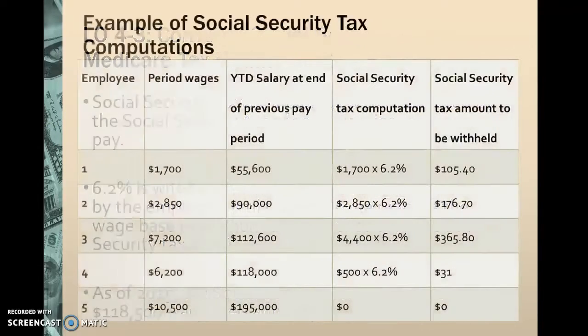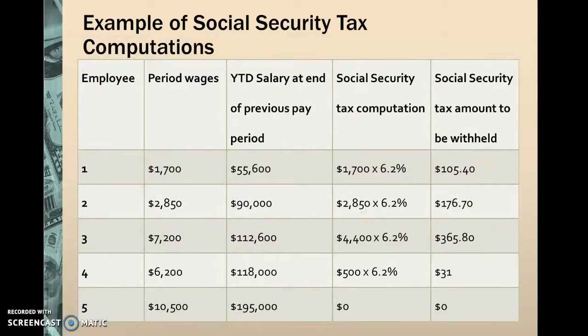Now, some examples in order to how to calculate this. One thing to keep in mind is that the employer must know the year-to-date salary at the end of the previous pay period. So, for example, if you look at employee number 2, year to date they've earned $90,000. So they're still underneath that threshold of $118,500.